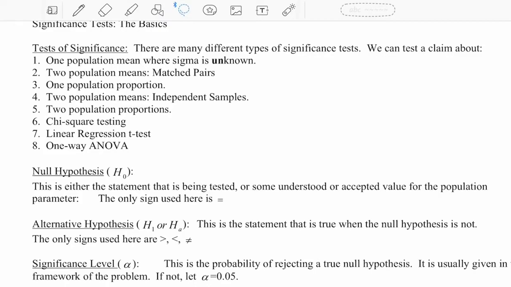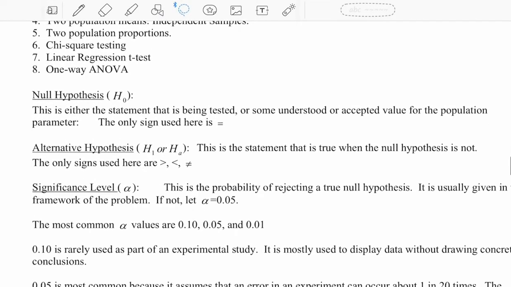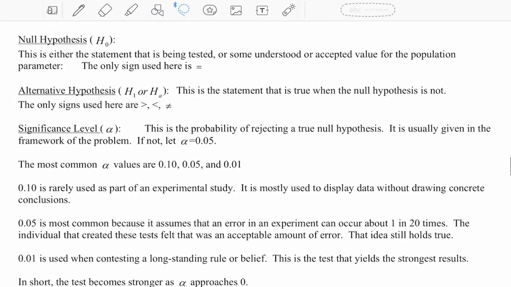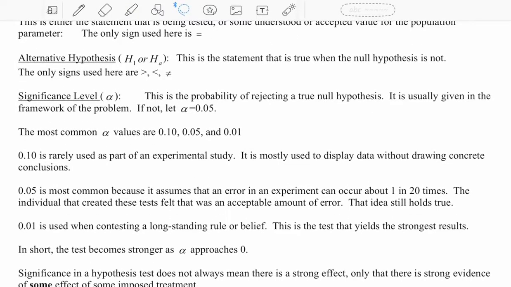The significance level, we've talked about that almost ad nauseam. The most common ones are 0.10, 0.05, and 0.01. Those are consistent with the confidence levels that we use for confidence intervals. So a 0.99 or 99% confidence interval estimate would correspond with a 0.01 hypothesis test alpha value.